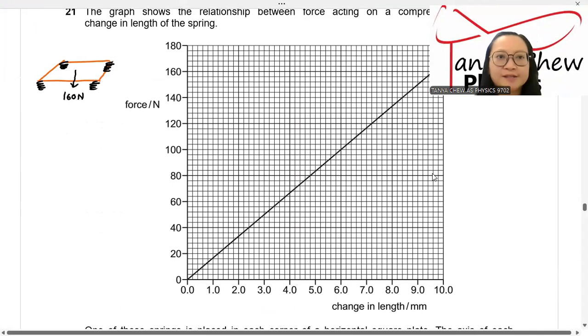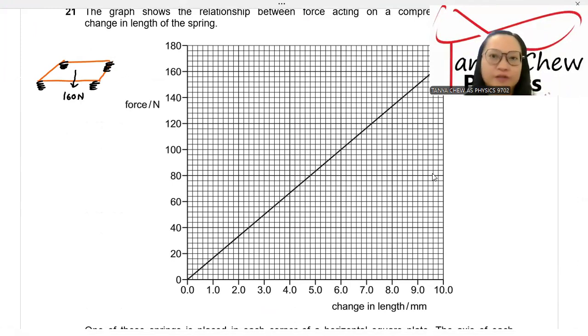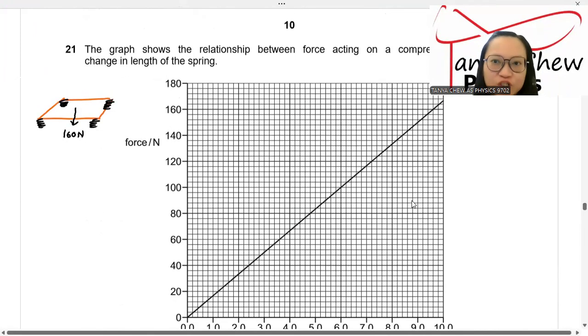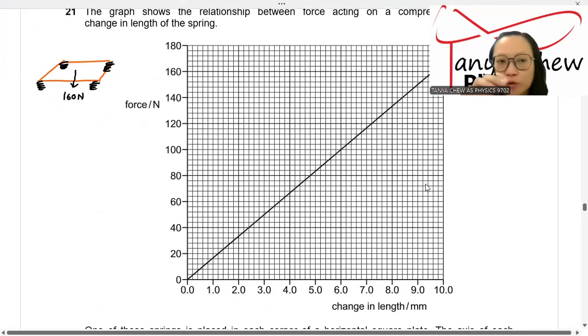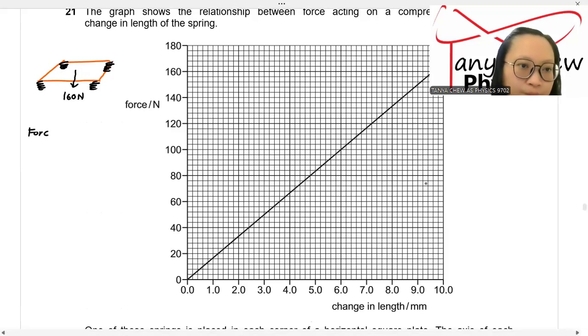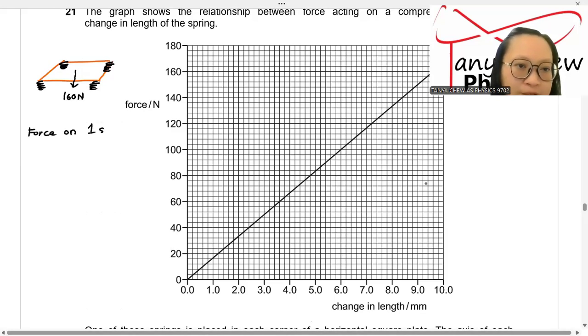Since this is a graph of the force against change in length of one spring, and the load is shared by four springs, I take the force on one spring first. One spring is equal to 160 divided by 4, which is equal to 40 Newton.